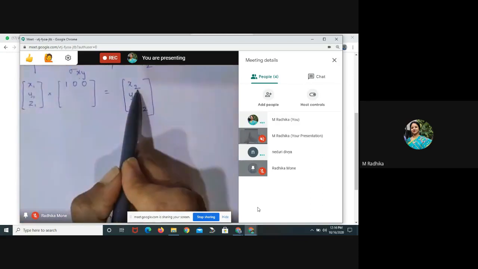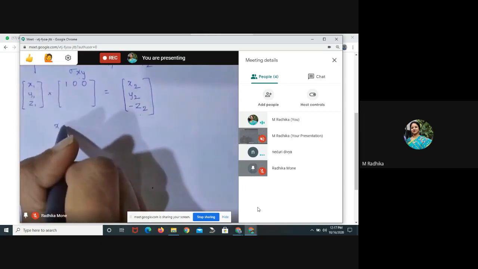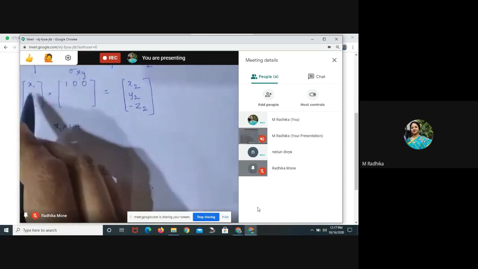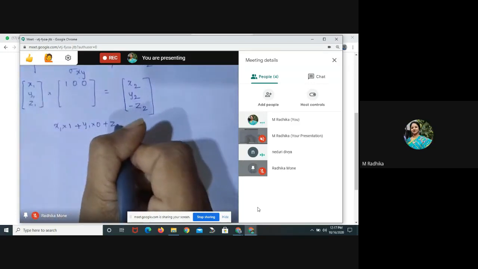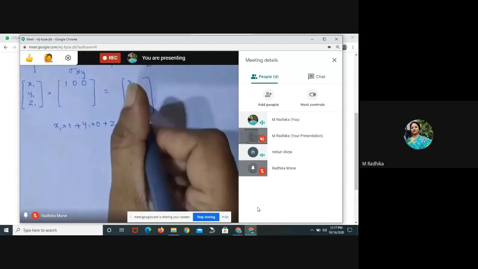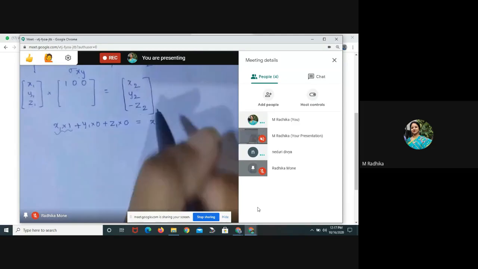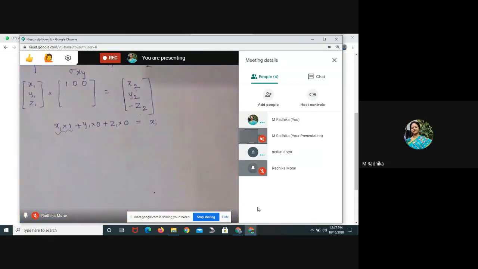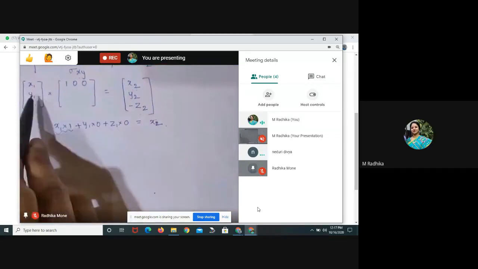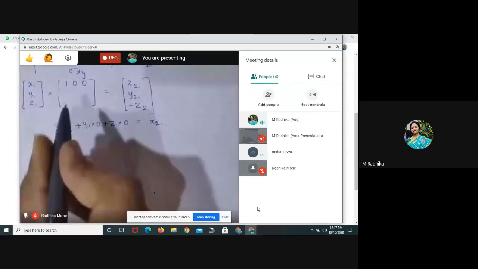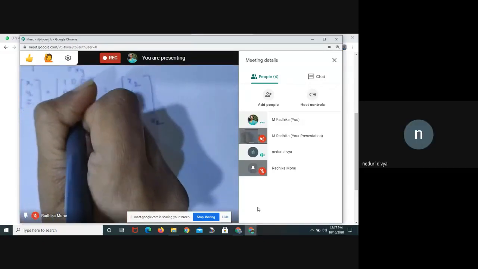To get x2, x1 into 1 plus y1 into 0 plus z1 into 0 gives x2. Then y1 should stay the same, so what will I put? 0 1 0.